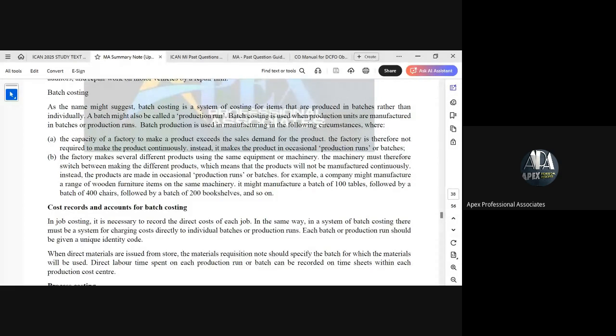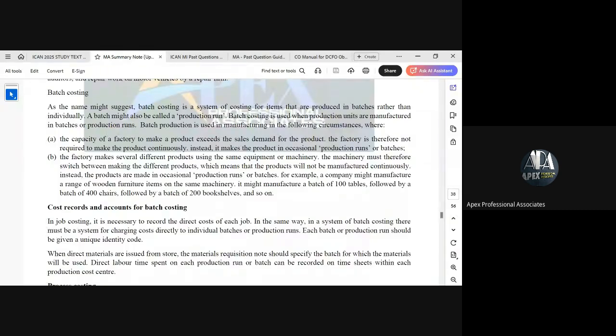So you make product A today, you make it en masse in a batch. You make product B tomorrow. So by the time you are calculating for product A, you know that before you get to it, you have done product B, product C. Are we getting it? Each of the products that you are making, you are doing them in batches. That is another reason why an organization can use batch costing.